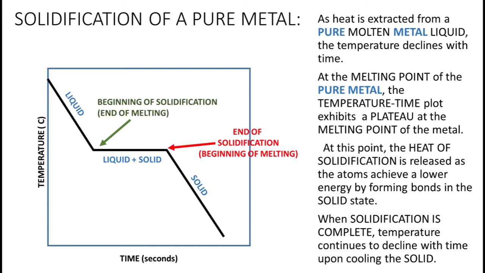It is during this plateau where the heat of fusion is released, and during which time there is no further drop in temperature until the heat of fusion is liberated. Then the solid exists, and the solid continues to cool from the melting temperature down to room temperature eventually.